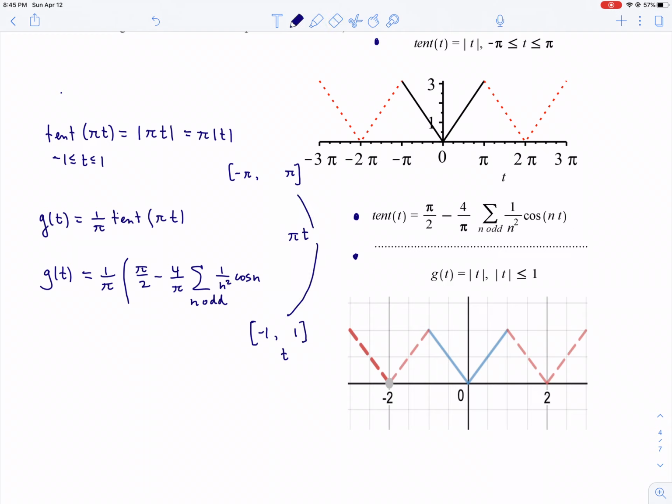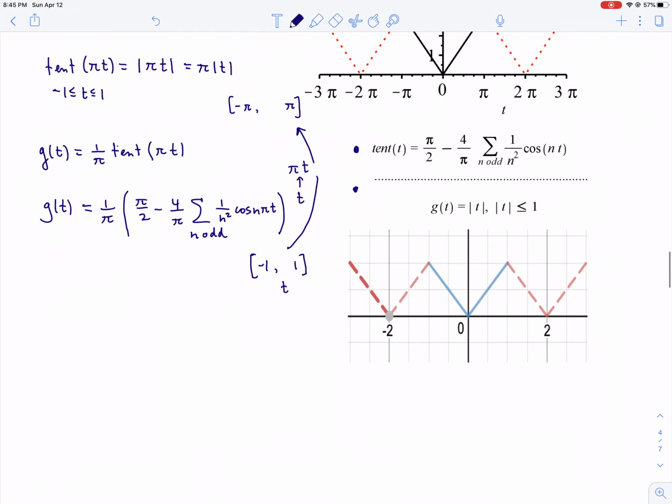I'm substituting in pi t, so it's cosine of n pi t.